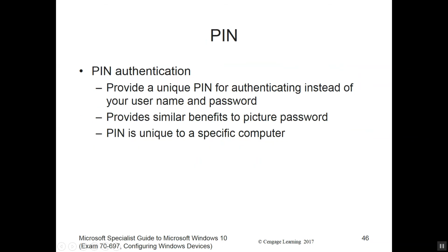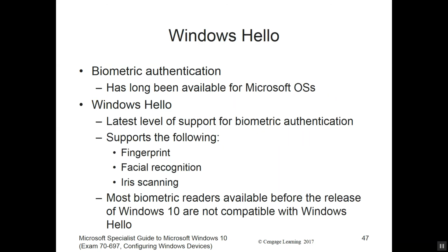Use a PIN. PIN is a unique authentication instead of using username or password. Similar benefits to the picture password. It's unique to a specific computer. And we've got Windows Hello. Windows Hello, that's our biometric authentication in Windows now. It's been around for a long time in Microsoft OSs, and it's the latest level of support for biometric authentication.